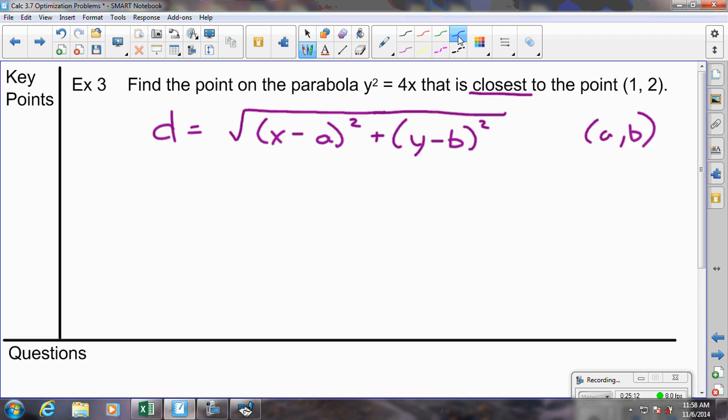Well, one piece that I would like to note, if we were to take this piece for x, we could divide by 4 and say x is equal to y squared over 4. That will allow us to do a substitution. Why wouldn't we want to just take a square root and say y is equal to 2 root x?